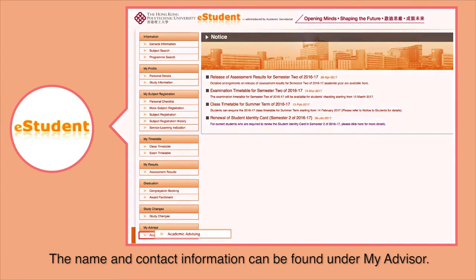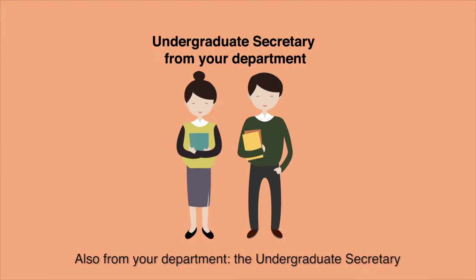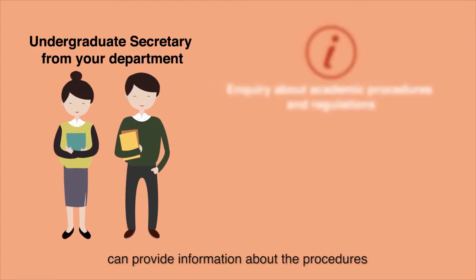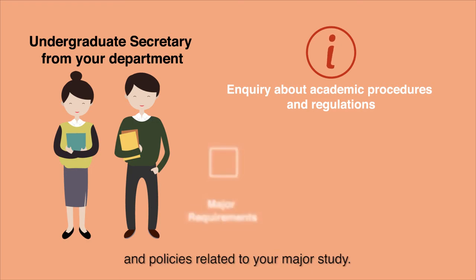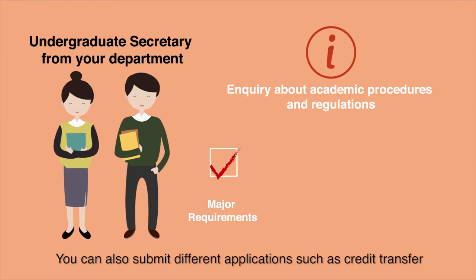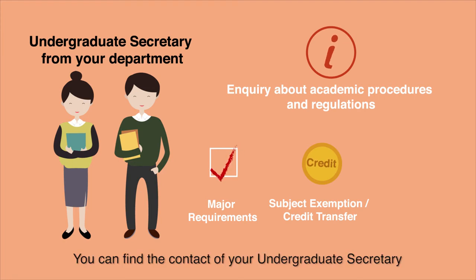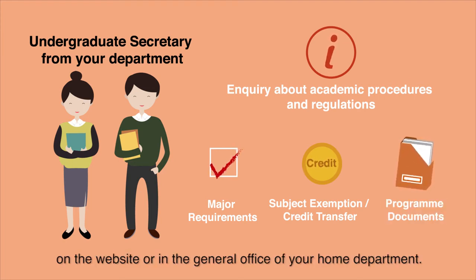The name and contact information can be found under My Advisor. Also from your department, the undergraduate secretary can provide information about the procedures and policies related to your major study. You can also submit different applications, such as credit transfer, through the undergraduate secretary. You can find the contact of your undergraduate secretary on the website or in the general office of your home department.